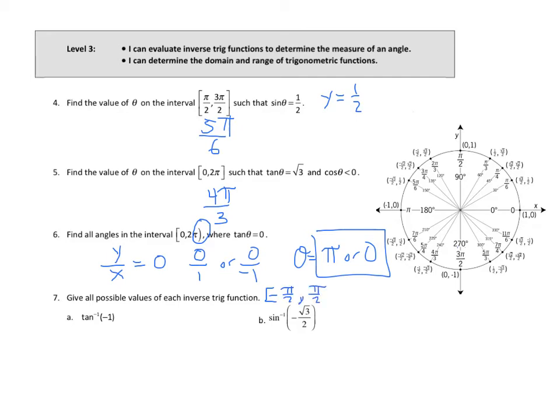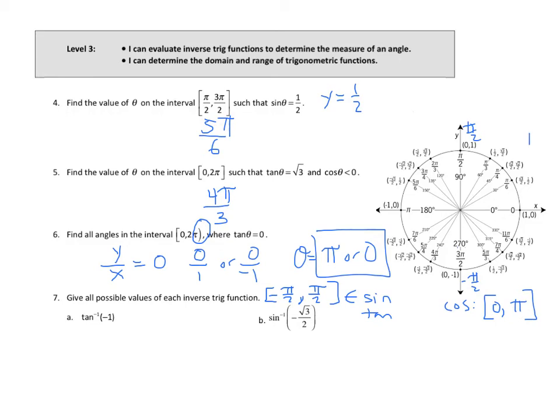And don't worry about this now because we're going to study this more in depth later. But for inverse trig functions, sine and tangent are going to be between those two values. And then cosine, we would always look between 0 and pi. Okay, so tangent inverse of -1, we want to look from negative pi over 2, which would be here, to pi over 2.